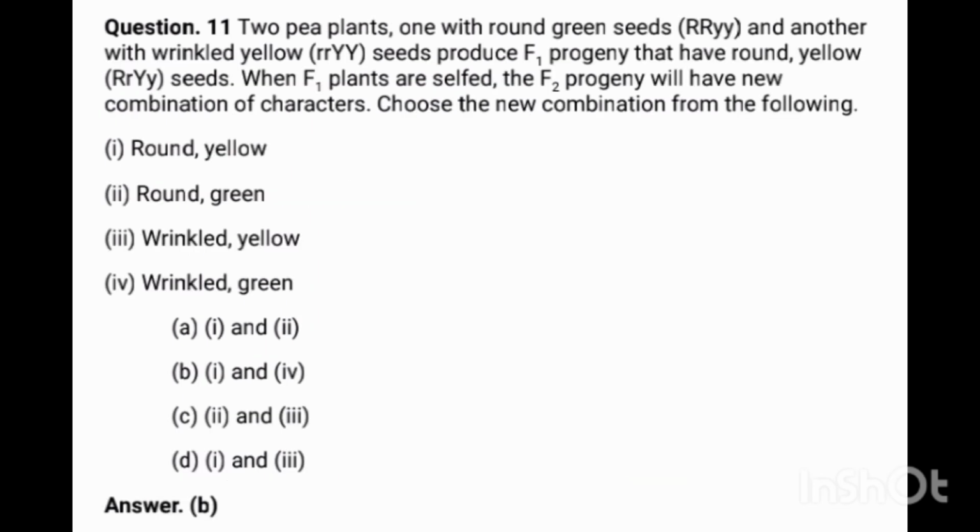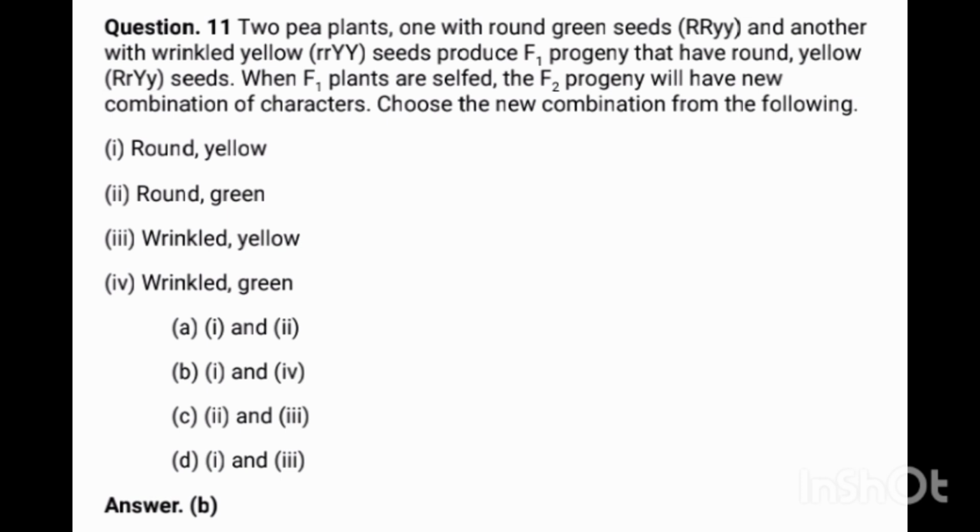Question 11. Two pea plants, one with round green seeds, RRyy, and another with wrinkled yellow seeds, rrYY, produce F1 progeny that have round, yellow, RrYy, seeds. When F1 plants are selfed, the F2 progeny will have new combination of characters.